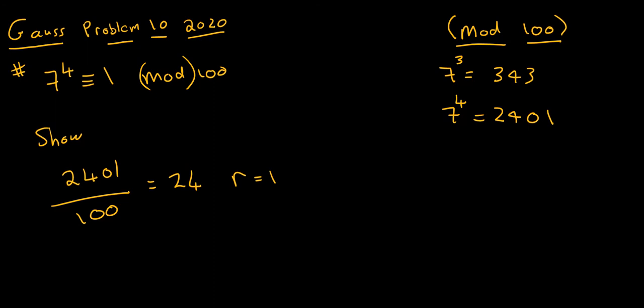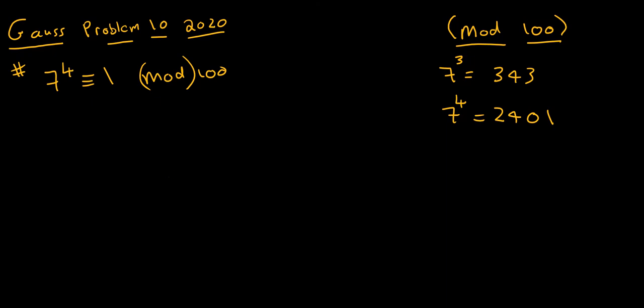Okay, so I'm going to keep that up on the screen, and I want you to pause the video and find the last 2 digits of 7 to the 2019. Pause the video and see if you can find this.